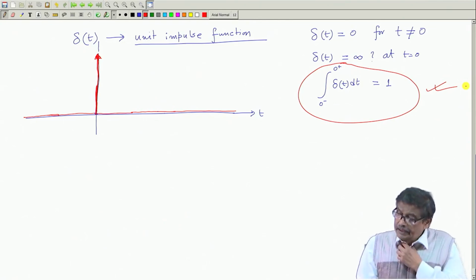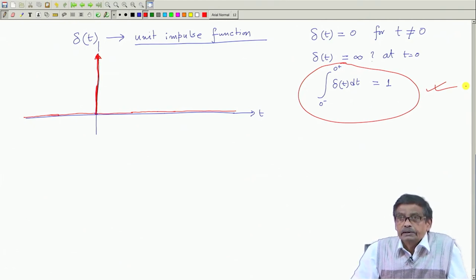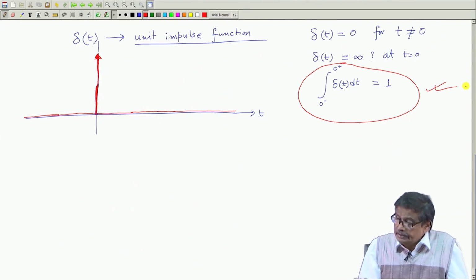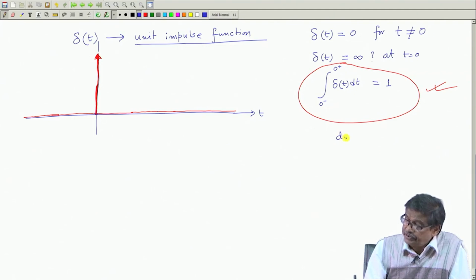Now, if such an impulse function is applied to a circuit as input excitation, how do we find the currents? That circuit in general will have energy storing elements. Therefore, how do we solve the differential equation?